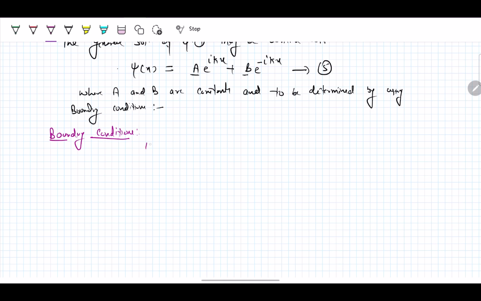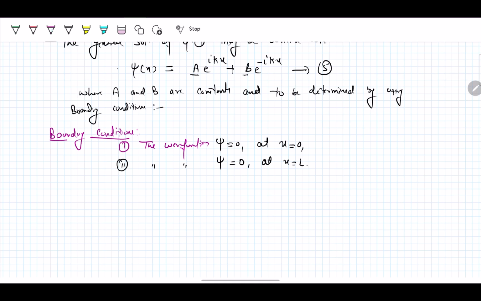First, the wave function psi is equal to 0 at x is equal to 0. Also the wave function psi is equal to 0 at x is equal to L.